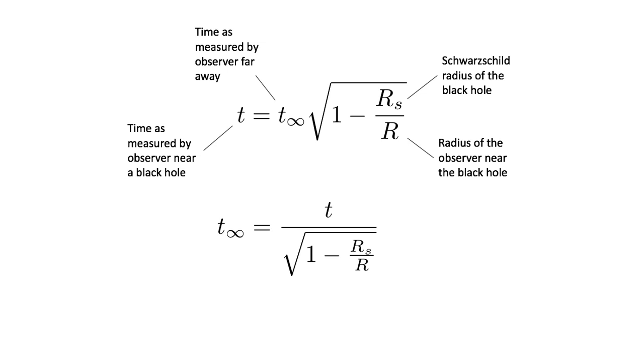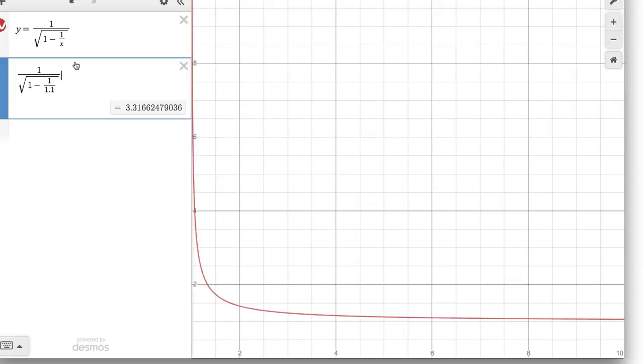Okay, and so back to the calculator tool. If I have 1 hour of time near the black hole, this is how you calculate what the time is far away, how much time will have elapsed for someone far away. This is always a 1. This will be a 1.